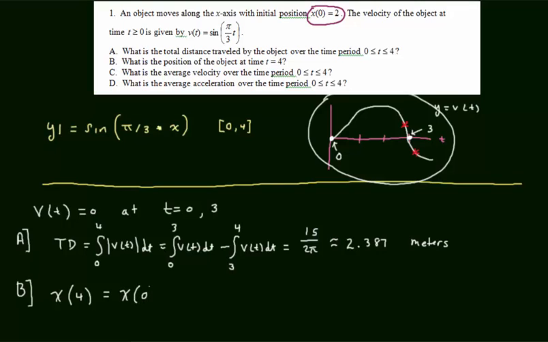The way that I will write it is x of 4 is equal to x at 0. This tells me I'm considering the starting position, plus I have to then add to it the displacement, which is going to be the integral from 0 to 4 of velocity. The displacement is allowed to be negative. In this case, the displacement won't be negative because there is more area above than there is below.